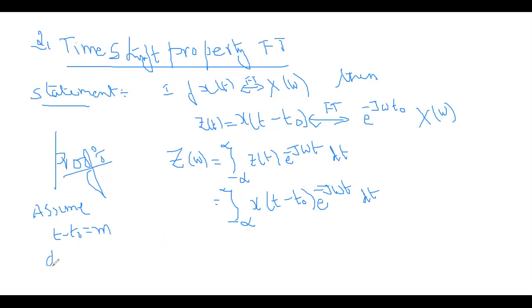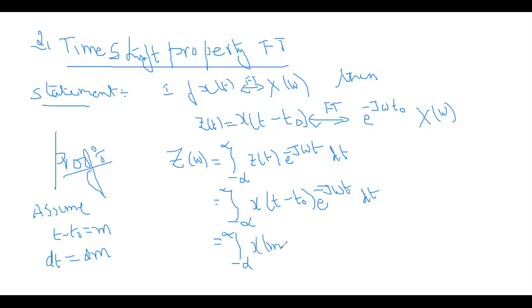So apply the derivative on both sides, and dt is equal to dm. Now I can substitute here. For dt changing to dm, minus infinity to infinity for t means minus infinity to infinity for m also. There is no change in the limits.